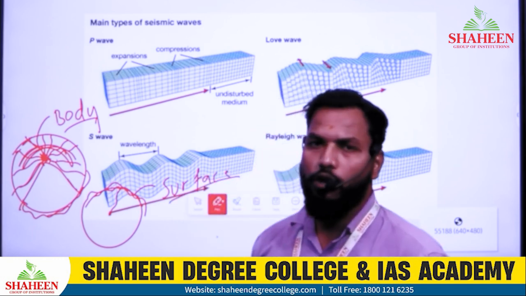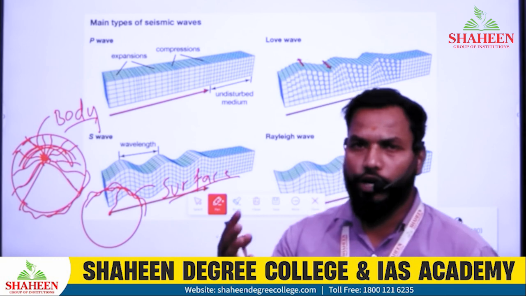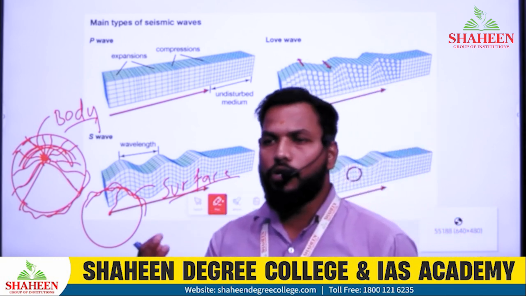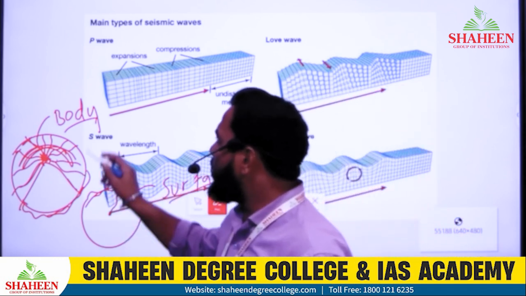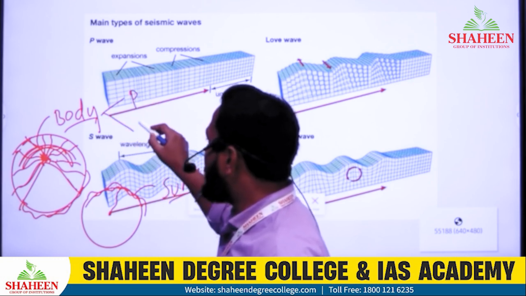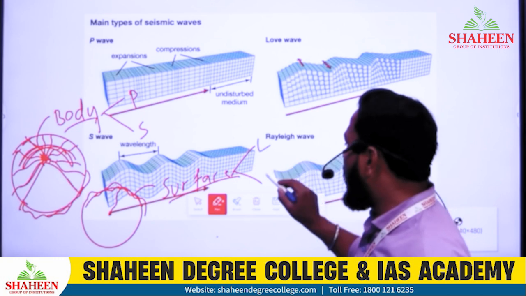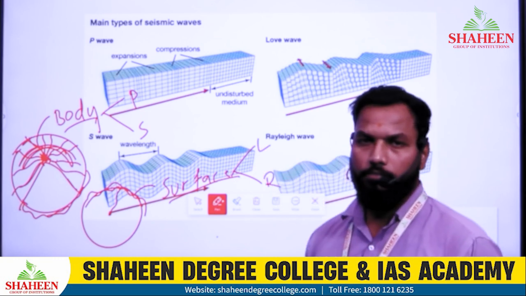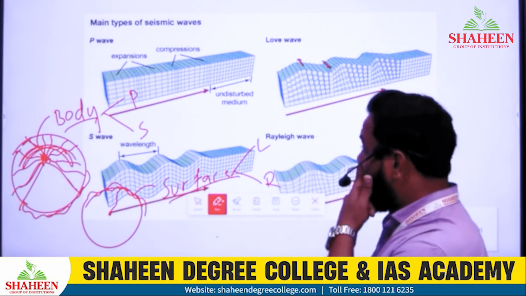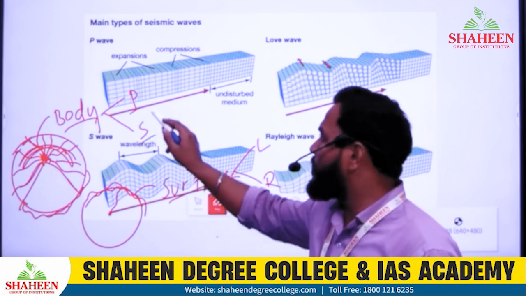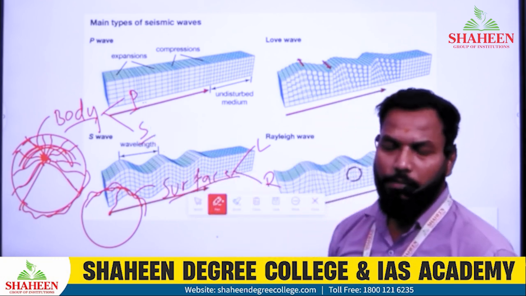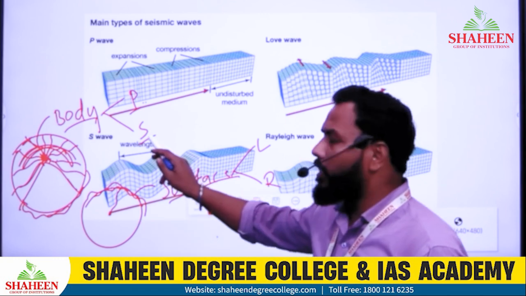So there are two types of seismic waves, one is body, second is surface. Within the body waves we have two types, primary and secondary. Within surface waves we again have two types, L and R. So P waves and S waves: P literally means primary, S literally means secondary.